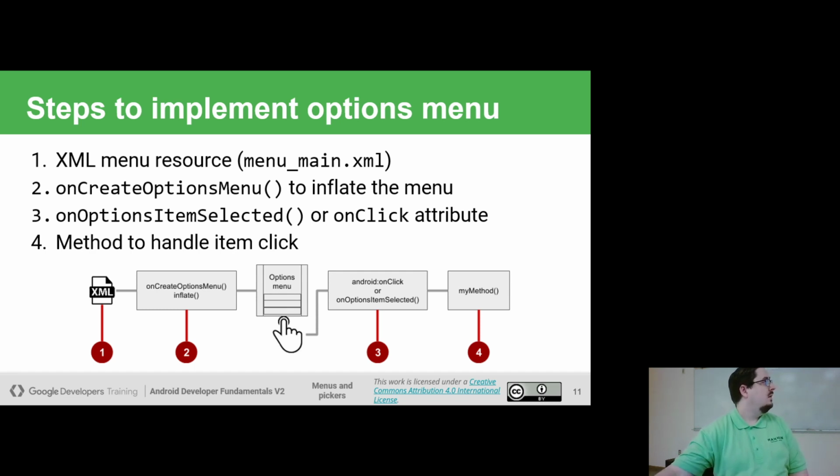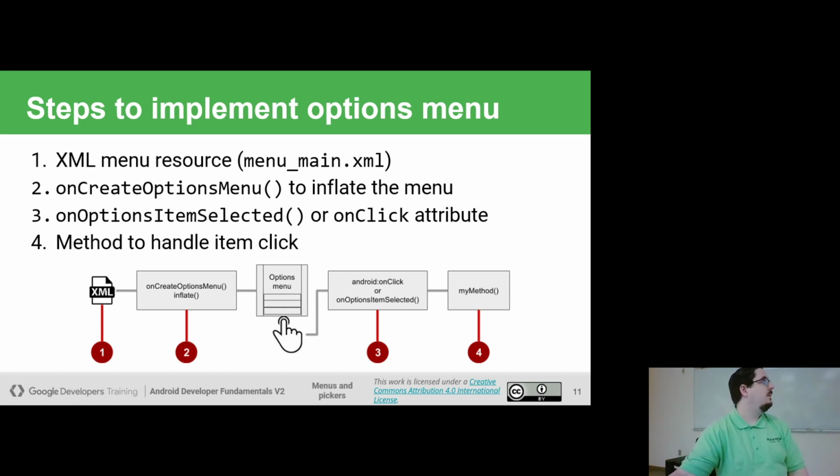Once we've got that, now the user can actually see the menu. If we don't do either of those two parts, the user can't actually see the menu in the first place. We can then implement onOptionsItemSelected. Both of those are methods we're going to implement on the activity. We're actually overriding existing methods. So that says, okay, here's what you want to do when the user clicks on it.